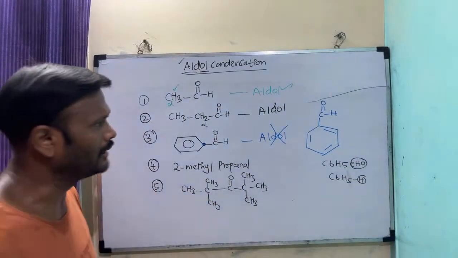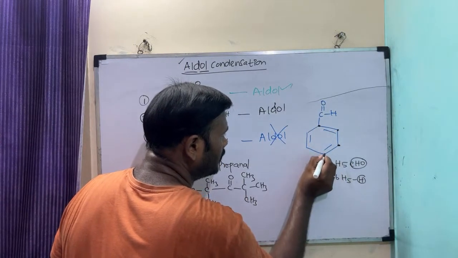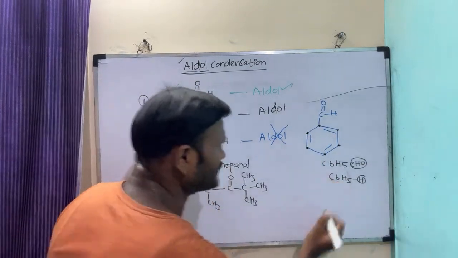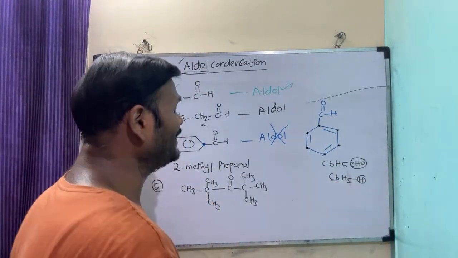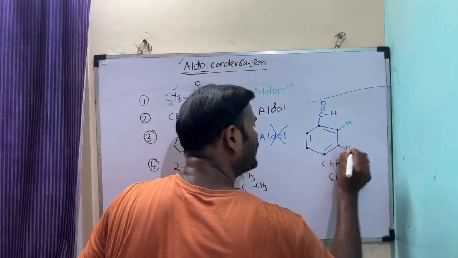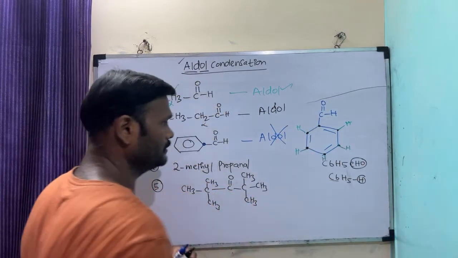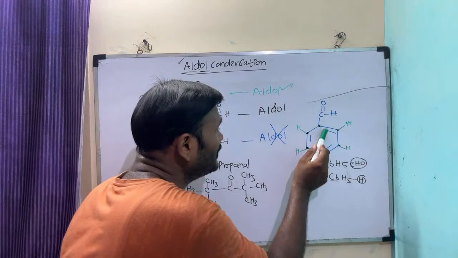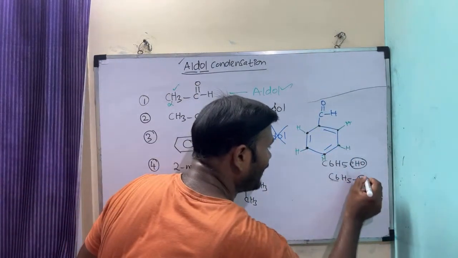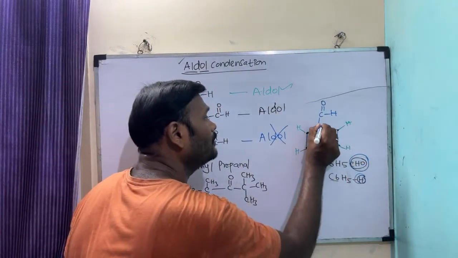Now you see here 1 carbon, 2, 3, 4, 5, 6 carbons. Yes, 6 carbons are there. Whether it has any hydrogen, let me check. 1 hydrogen, 1 more, 1 more, 1 more, 1 more. But here, instead of this hydrogen, this entire group is coming. That's why it doesn't have any alpha hydrogen.